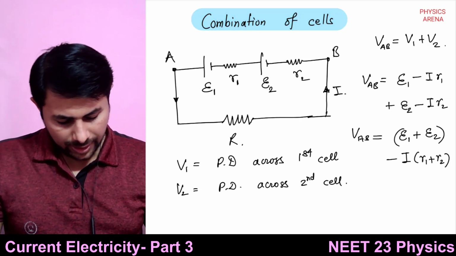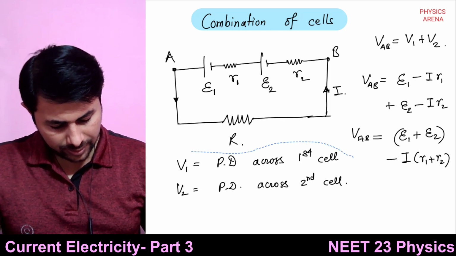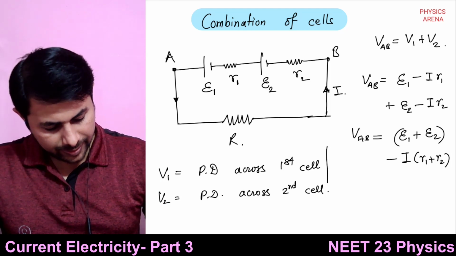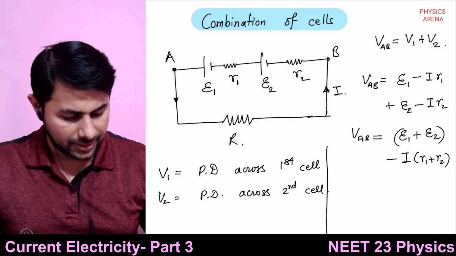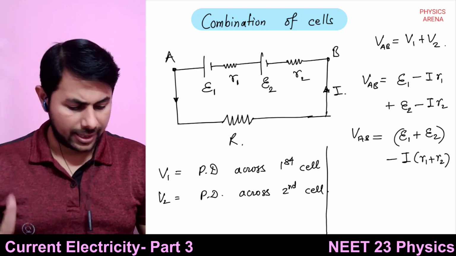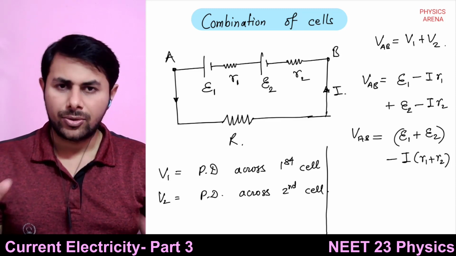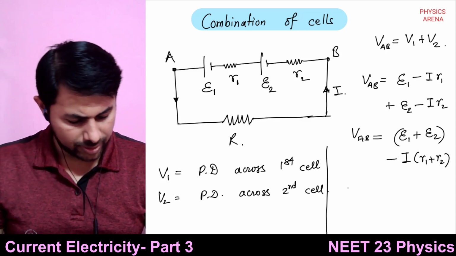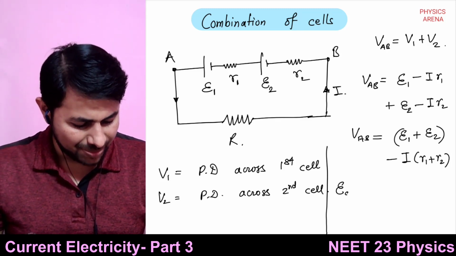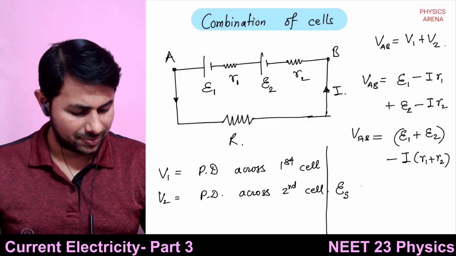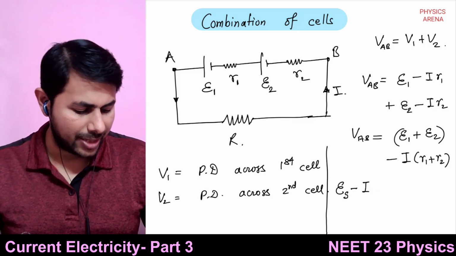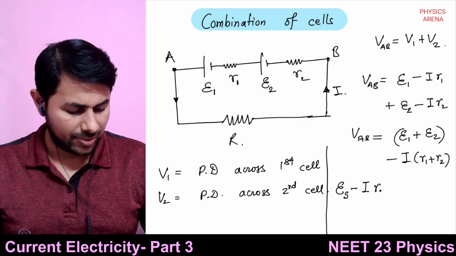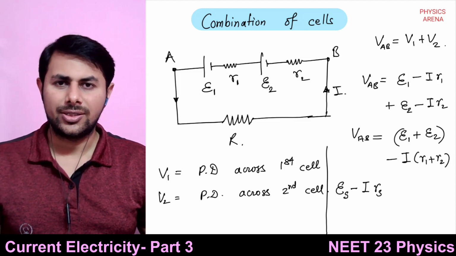I can write this total potential difference as the total EMF, the equivalent, not E, it is epsilon, epsilon of the series combination, minus I multiplied by the equivalent internal resistance of the series combination of two cells.